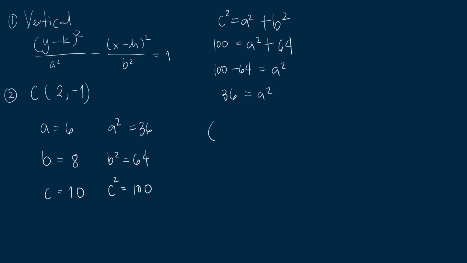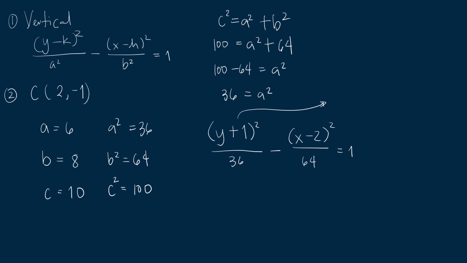Remember, this is a vertical hyperbola. So, ang isusulat natin, instead of x minus h, it will become y minus k. And tandaan, k is the second number on our coordinate, which will become y plus 1 squared over A squared, which is 36, minus x minus 2 squared over 64 is equal to 1.